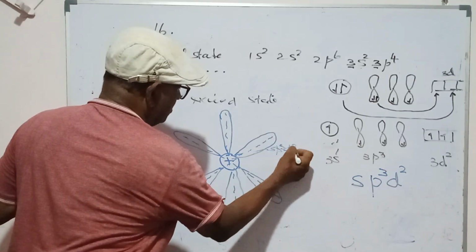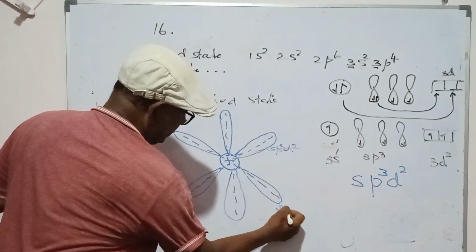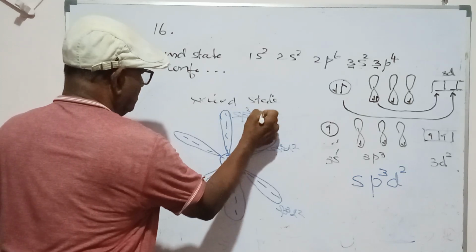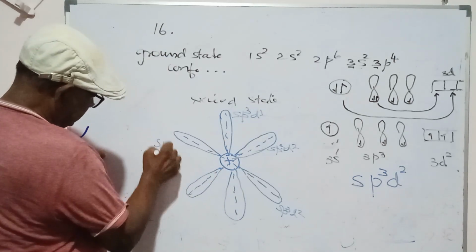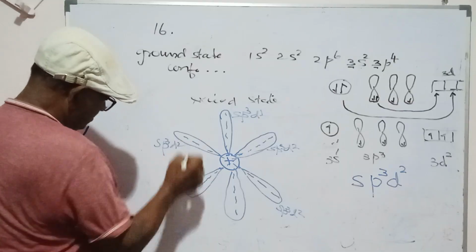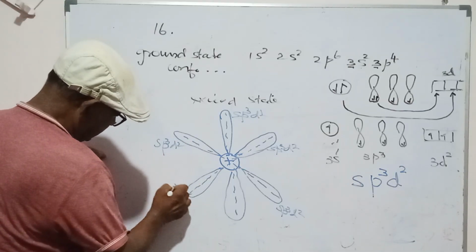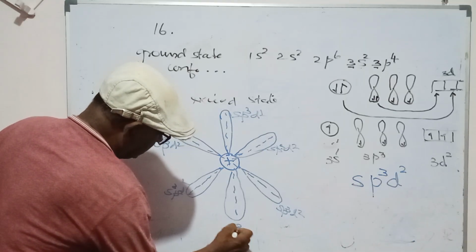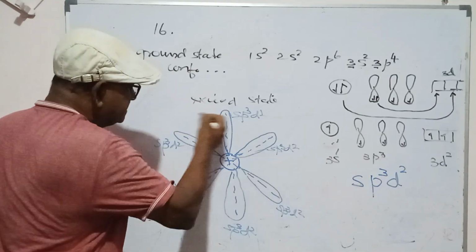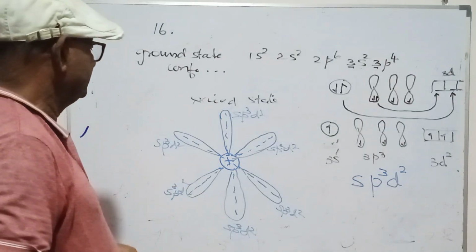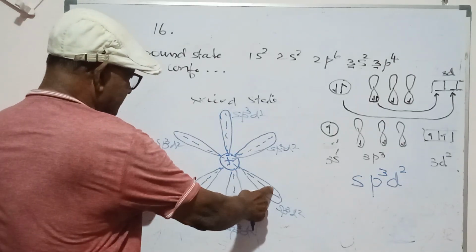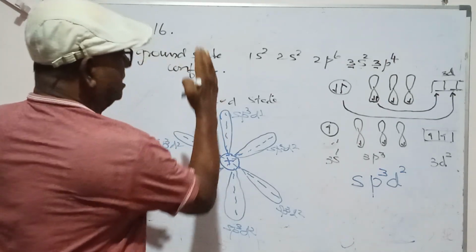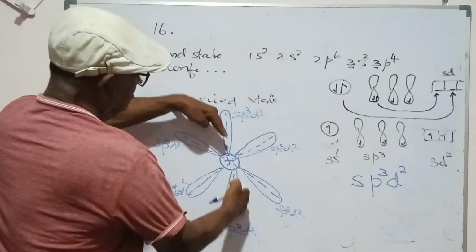sp3d2, sp3d2, sp3d2, sp3d2, sp3d2, sp3d2. 6 orbitals are arranged: 4 orbitals in the same square plane, and the other 2 perpendicular to that plane.